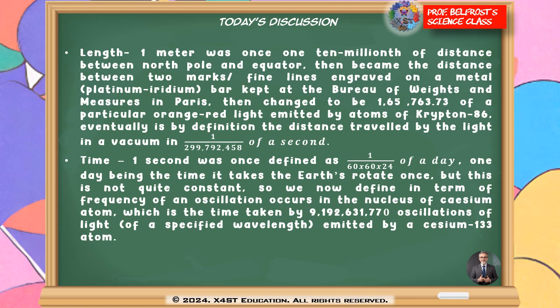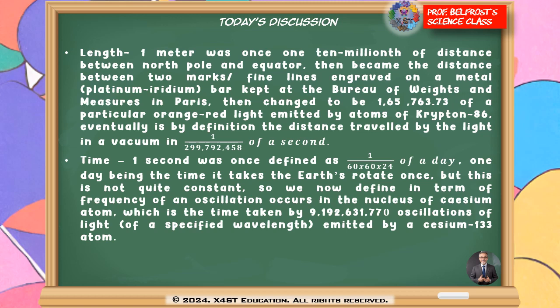But the basic is the meter. One meter was once defined as one ten-millionth of the distance between the North Pole and the equator. Then it changed again. It became the distance between two fine lines engraved on a platinum iridium alloy bar kept at the Bureau of Weights and Measures in Paris.